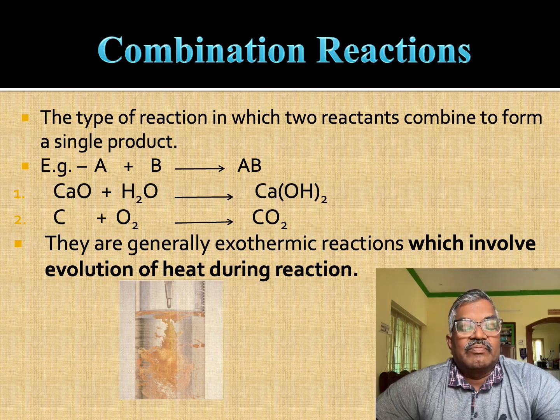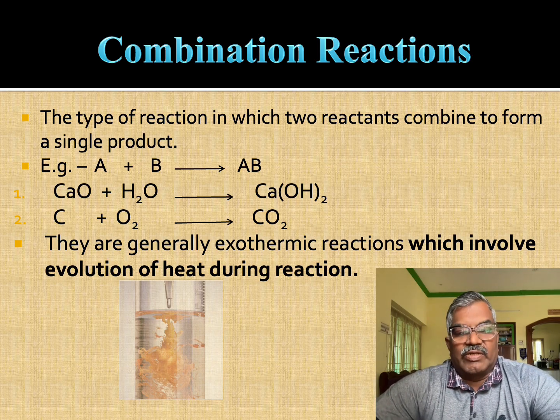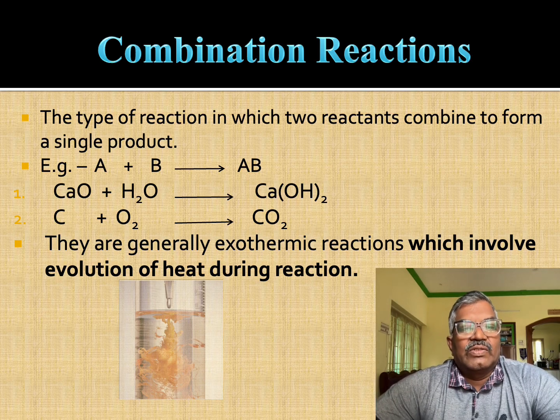Lime combines with water to form lime water, also known as slaked lime, calcium hydroxide, Ca(OH)2. Another example is carbon reacting with oxygen. Carbon burns with oxygen to form carbon dioxide. So these two are examples of combination reaction.